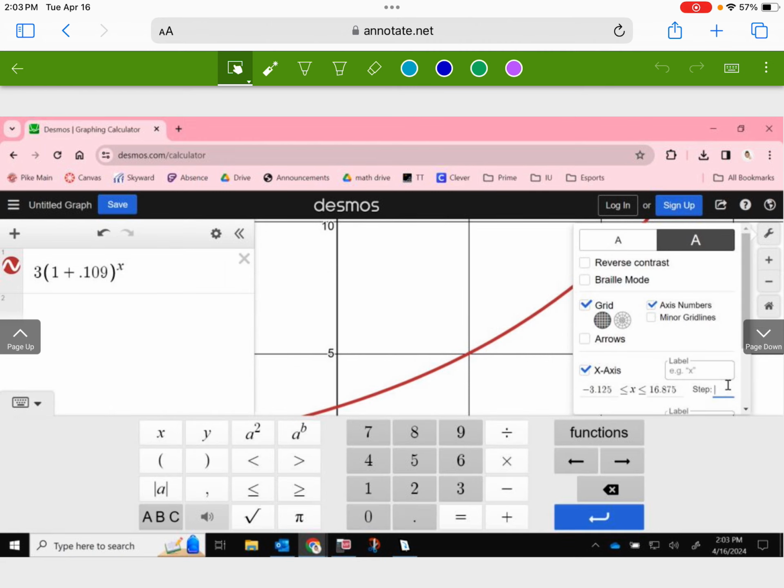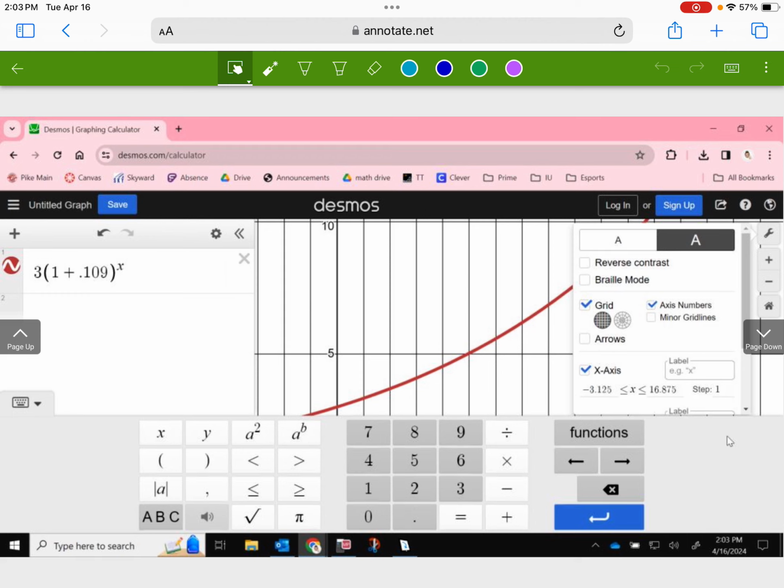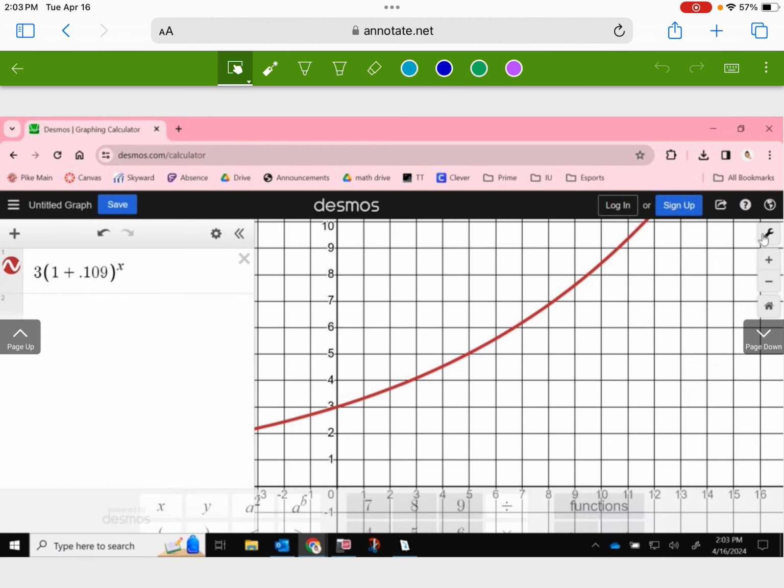There we go. I just want things labeled so we can see stuff. So, what are we looking for when the population doubles? What does it mean for the population to double? Multiply by 2. What was our population we started with? 3. So what are we looking for our first population to double? 6. We want y equals 6 for the first doubling.